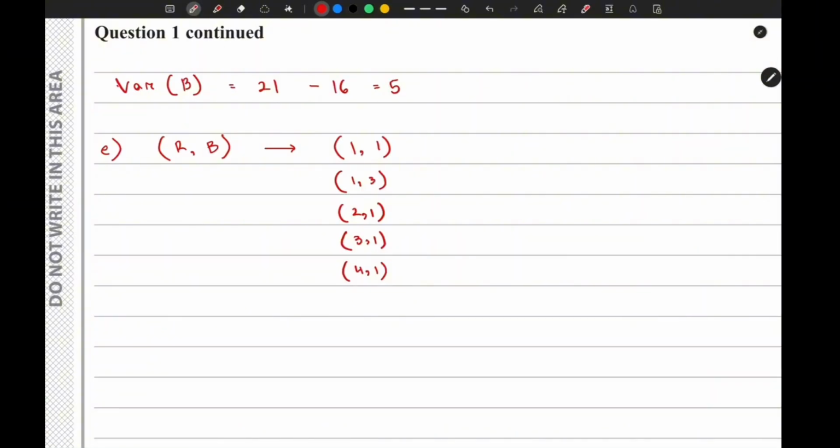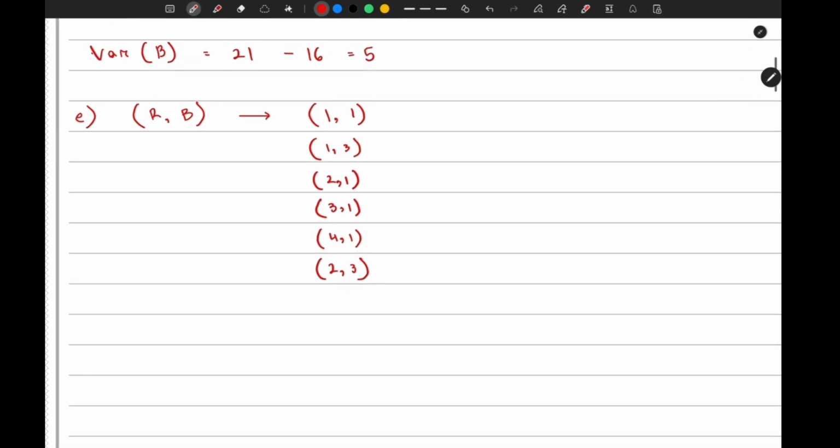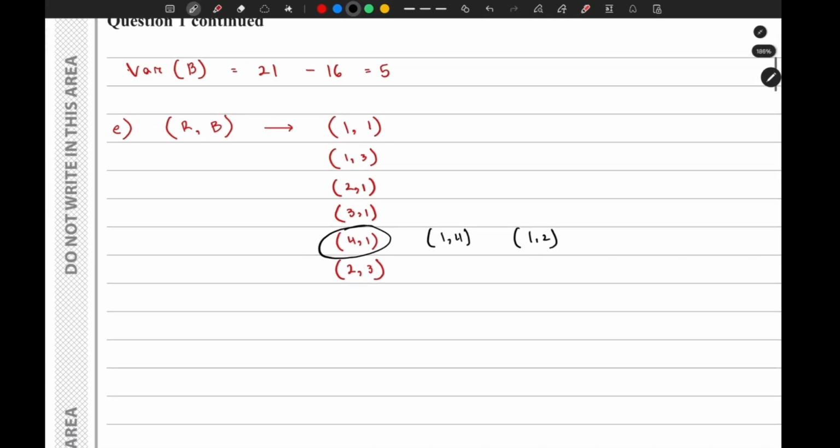The next combination will be 2 and 3. There might be a question that there is also 1 and 4, because the red die can land on 1 and the blue die can land on 4.